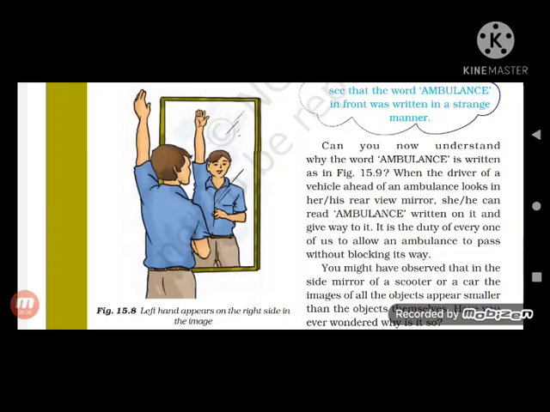It can be seen in a proper manner, because in a mirror some letters change sides. The driver cannot otherwise recognize what is coming from the back side. That's why the word ambulance is written in a strange manner, and they see it in the scooter's mirror in the right way, so that they can give way while having traffic on the road.